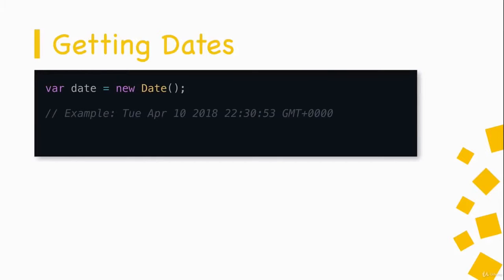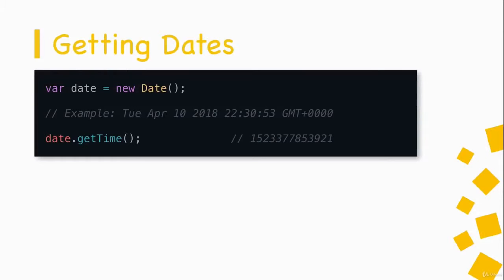Now, the date object has a lot of methods available that allow you to get the date in different formats or get different sections of the date as well. The first method that we're going to be looking at is the getTime method. Now, date.getTime will give you the number of milliseconds since the Unix epoch for that specific date.